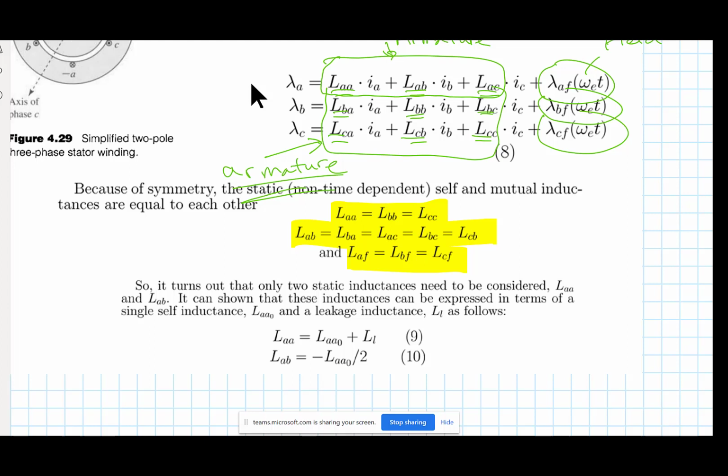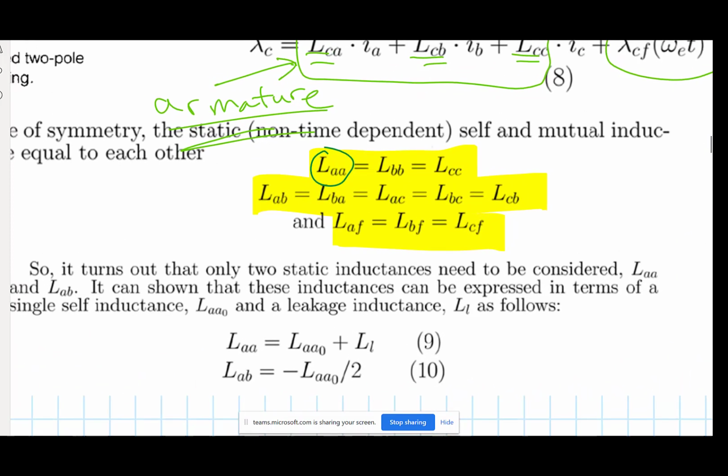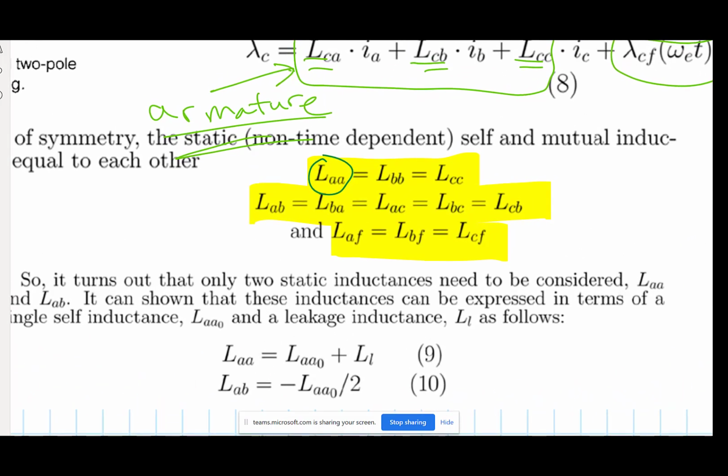If you do that, you can write everything in terms of just two of these. So what we're going to do is pick one of the windings. Just for convenience, we're going to pick the A winding.